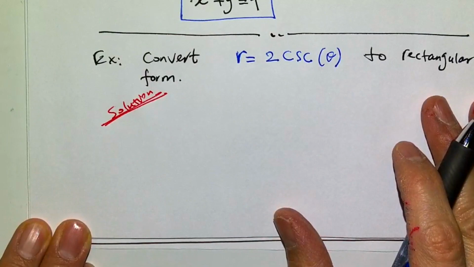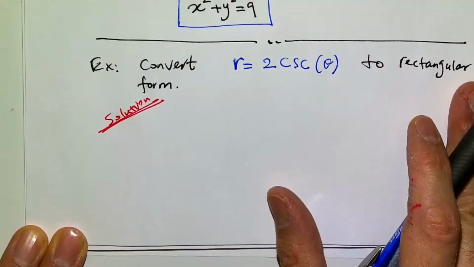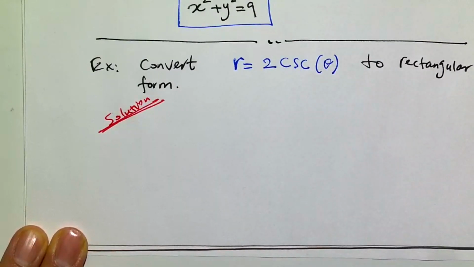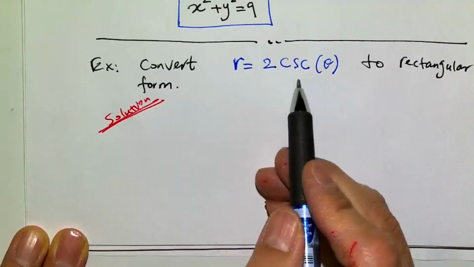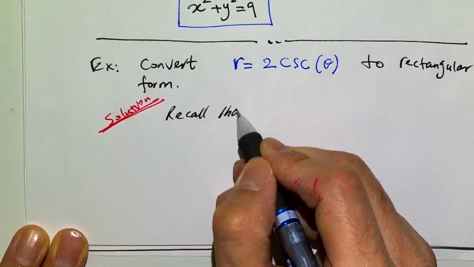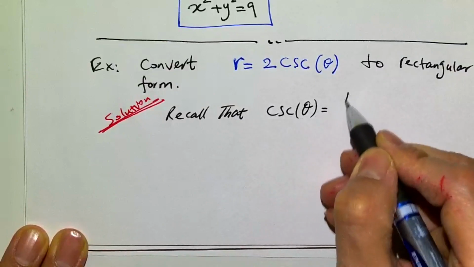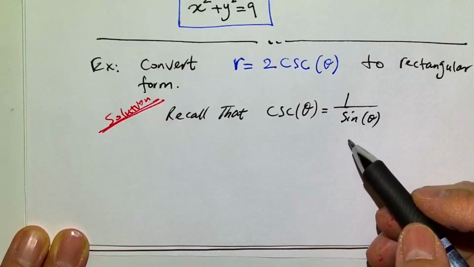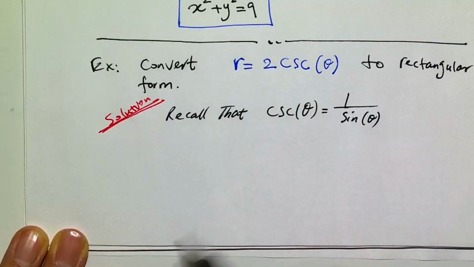Okay, so first of all, it's always easier to deal with sine and cosine rather than cosecant and secant, right? So what I would do is start with, recall that cosecant of theta is equal to 1 over sine of theta, right? Cosecant is the reciprocal of the sine function, and vice versa.